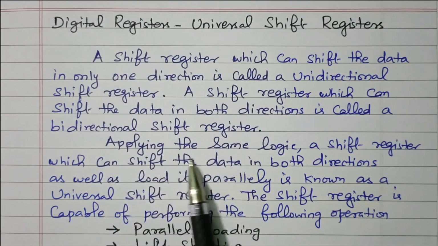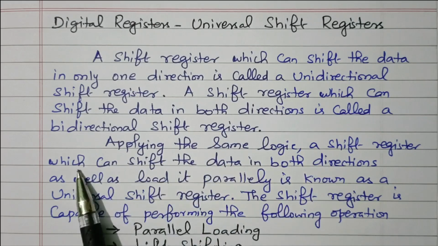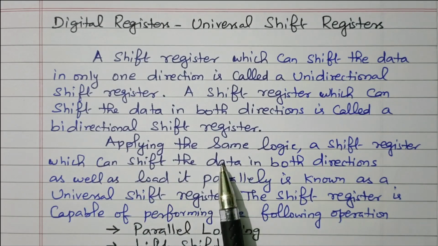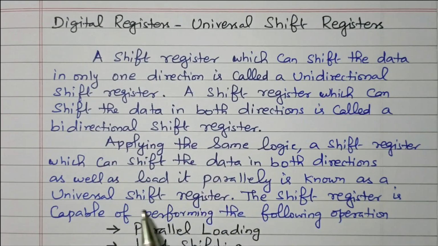Right. Applying the same logic, a shift register which can shift the data in both directions as well as load it parallelly, that is, shifting right side and left side as well as parallel loading, is called a universal shift register, right?